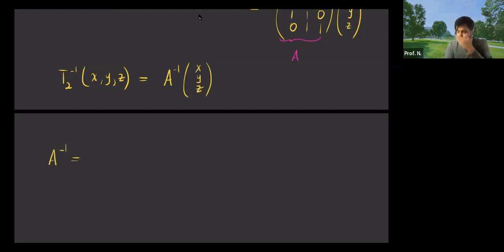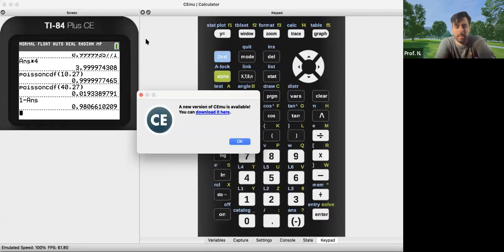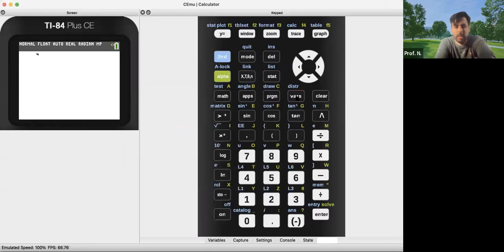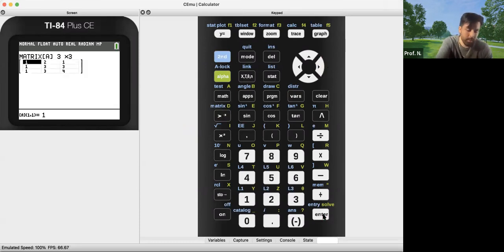Well, for this one, I think using your calculator will be the best bet. Do this quickly. Second matrix. I want the 3 by 3, so I enter 1, 0, 1, 1, 1, 0, 0, 1, 1.